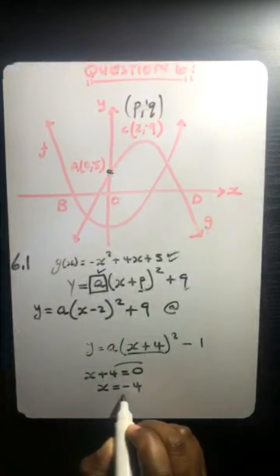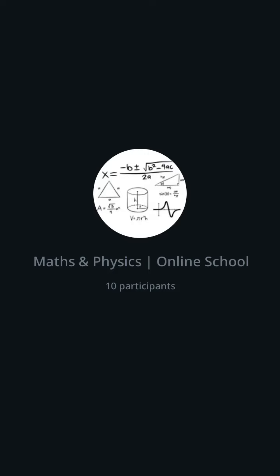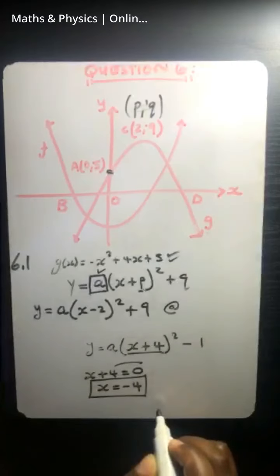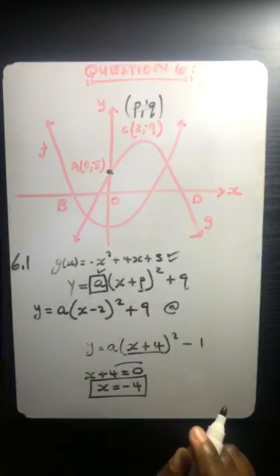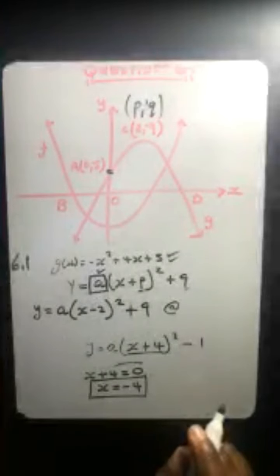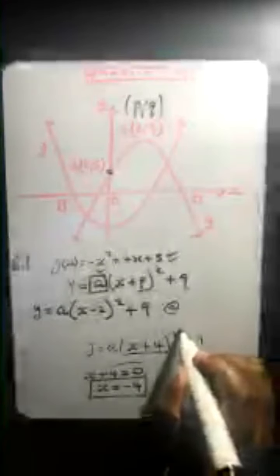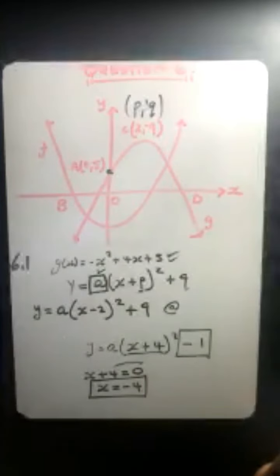So this is how you get the x value at the turning point. And then when it comes to the y value of the turning point, you take that as it is, being your q.